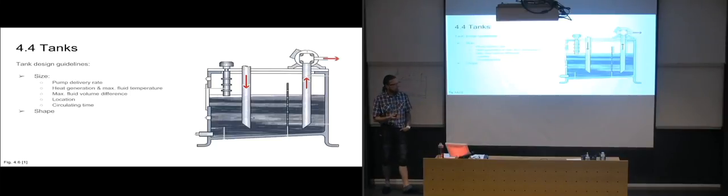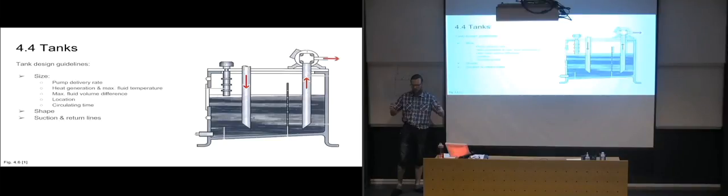And the shape of the tank, of course, has something to say. As I said, if you have a triangular tank, because that's where you have room to put it, that will have a lot to say for the design. And also where in your system the suction and return lines are coming from. So if you're getting a suction line in this triangular tank of yours, and the suction line has to be all the way into the corner, and then your return line is way out towards the opening, then that will be okay.